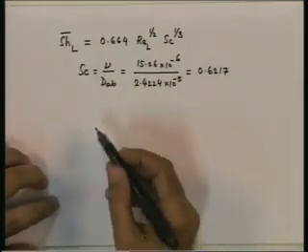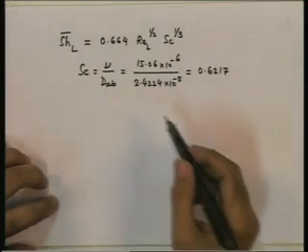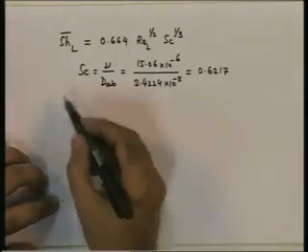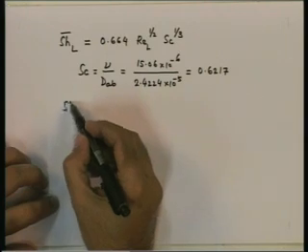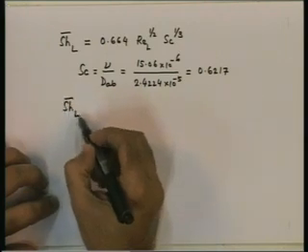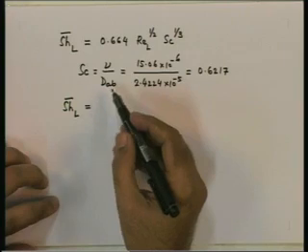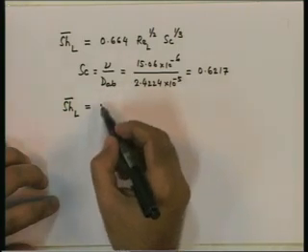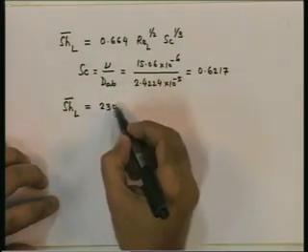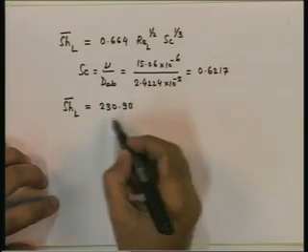Now, substituting the Reynolds number, which was 1.660 into 10 raised to 5, and the Schmidt number into this relation, we will get the Sherwood number to be 230.90.